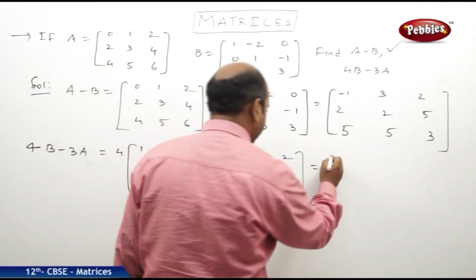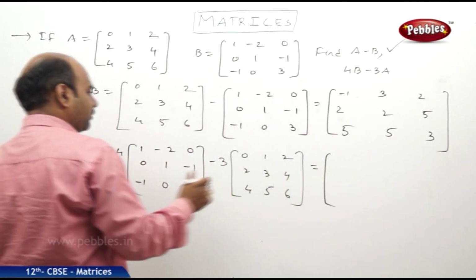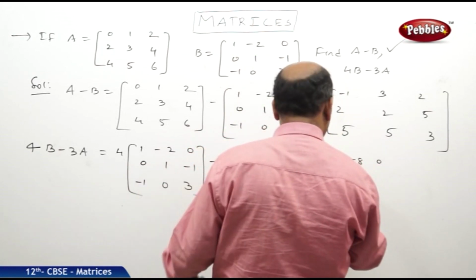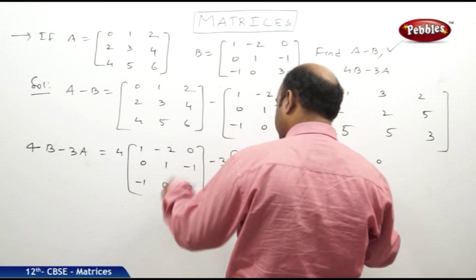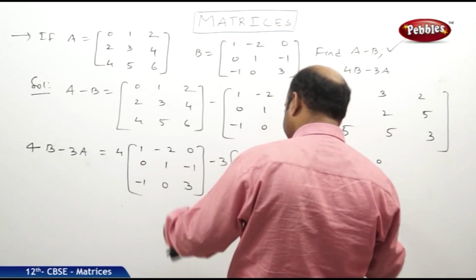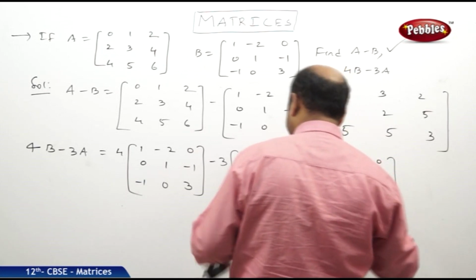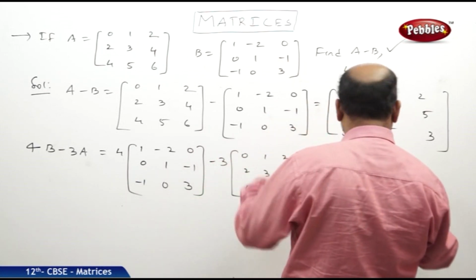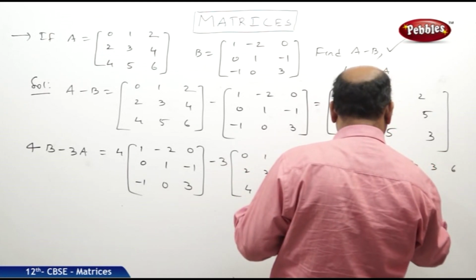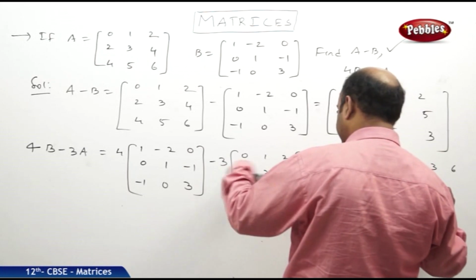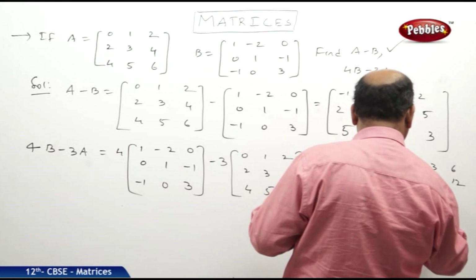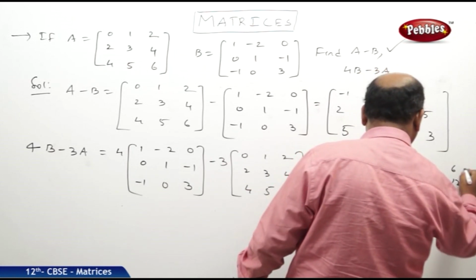So directly I am writing: 4 ones are 4, minus 8, 0, 0, 4, minus 4, minus 4, 0, 12. And here, 3 into 0 is 0, 3, 6, 6, 9, 12, 3 fours are 12, 3 fives are 15, 3 sixes are 18.